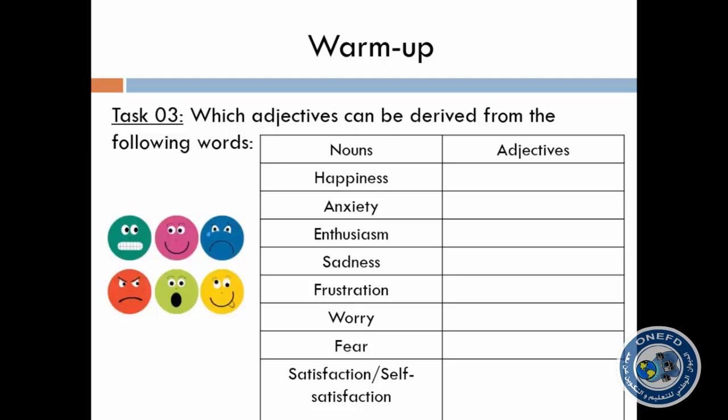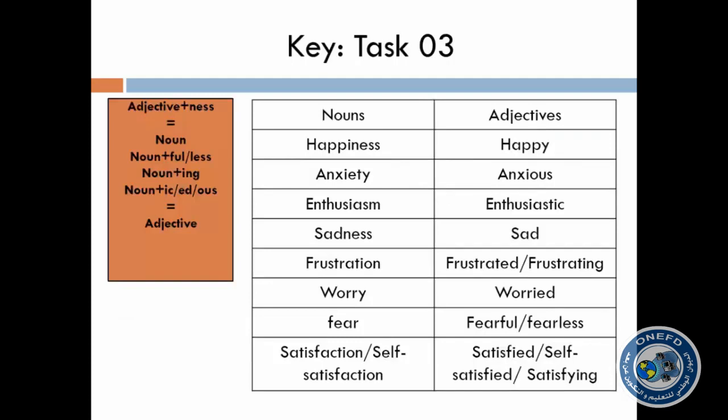In order to make words in English, we usually use affixation, prefixes or suffixes. Use your knowledge of prerequisites in order to derive the adjectives from the following nouns. Feel free to pause the video and do the activity. Finished? Let's take a look at the solution.